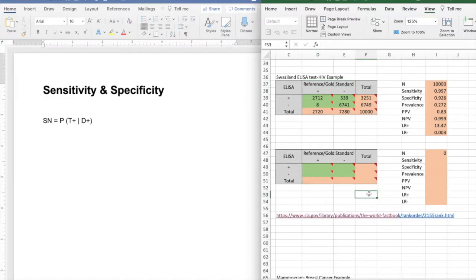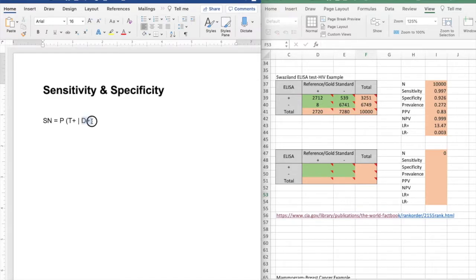What that means is in 100 people who actually have the disease of HIV, this test is going to pick up 99.7% of them. It's very sensitive.